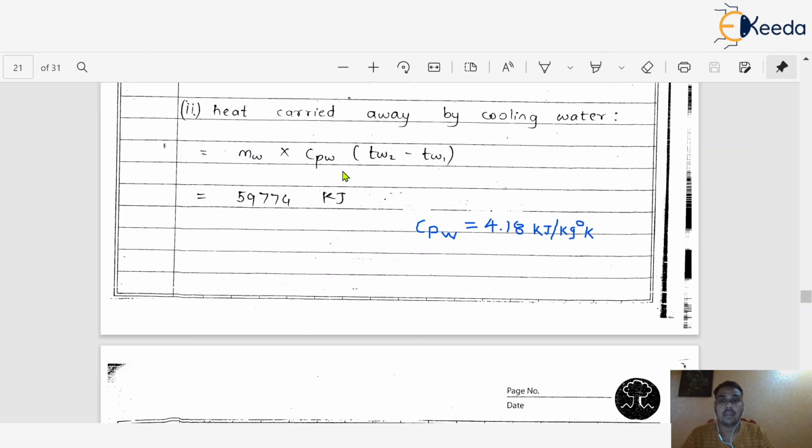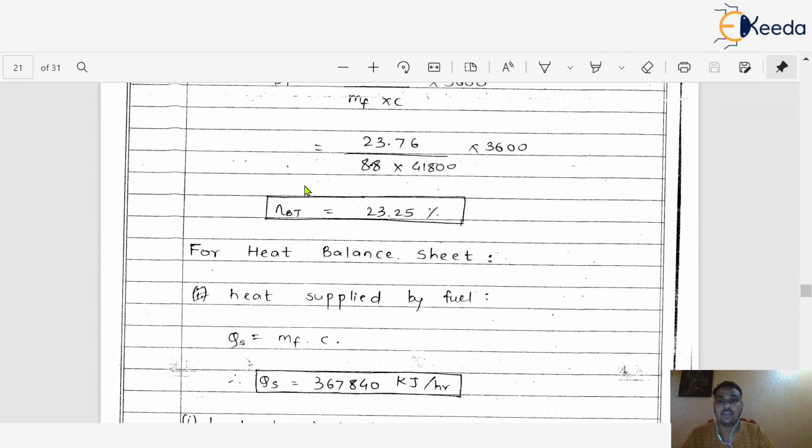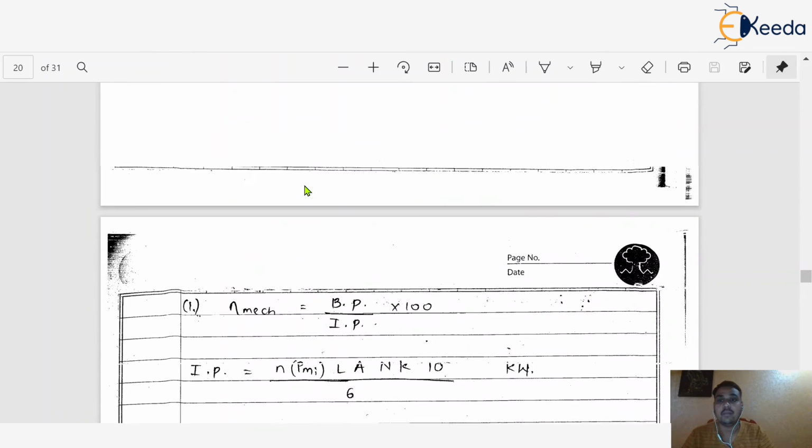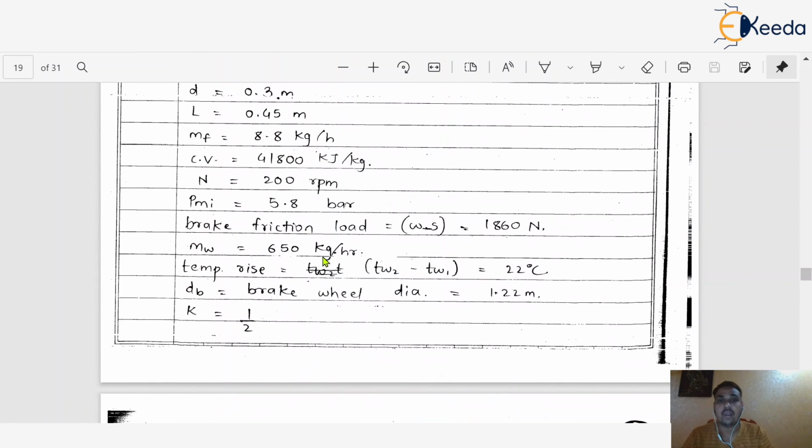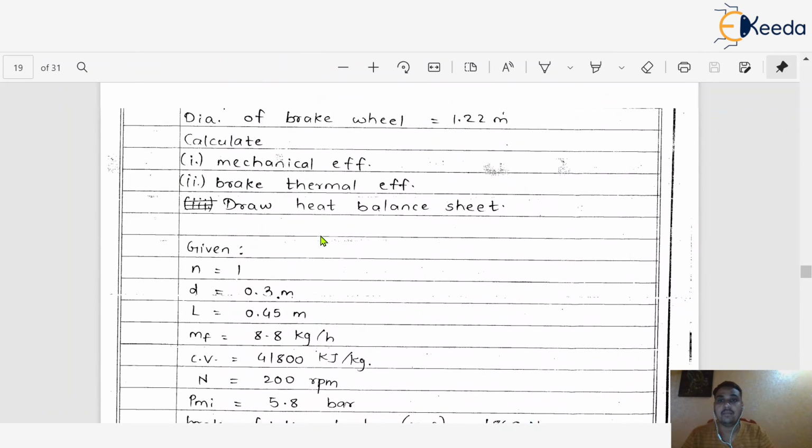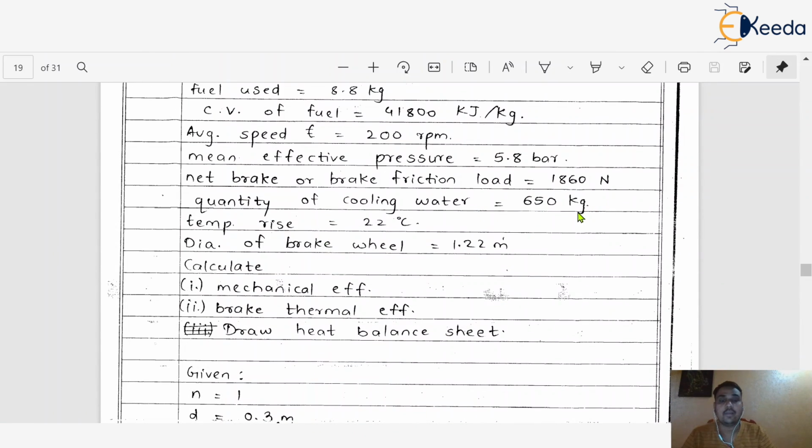In this problem, the value of C_pw sometimes is given, and if it is not given, always remember, dear friends, the standard value of C_pw is equal to 4.18 kilojoule per kg degree Kelvin. Just put this value in the equation, and the mass of cooling water, which is already given in this problem, is equal to 650 kg.